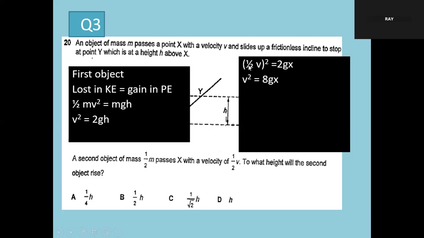This is a quarter. Take the 4 across, there is 8. Then v squared and v squared are the same. So this 2gh goes to 8gx. There's a quarter h.